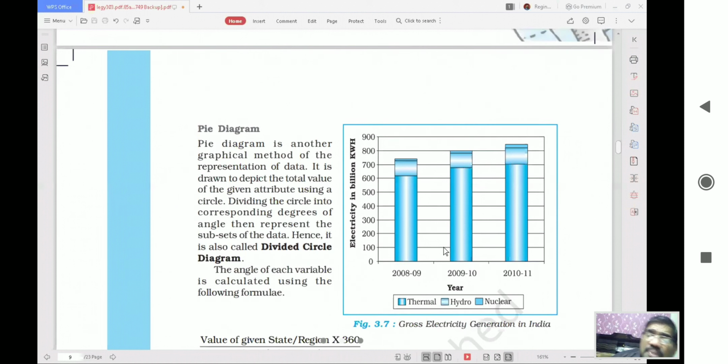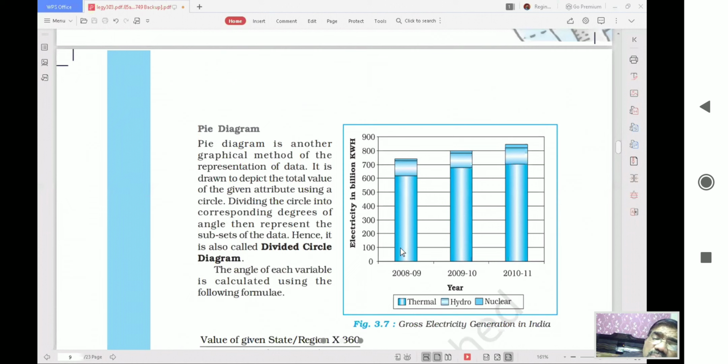In a compound bar diagram, things which make a single whole are used. So what is the single whole? Electricity is the single whole. And how can electricity be made? It can be made by thermal power, by hydropower, and by nuclear power.